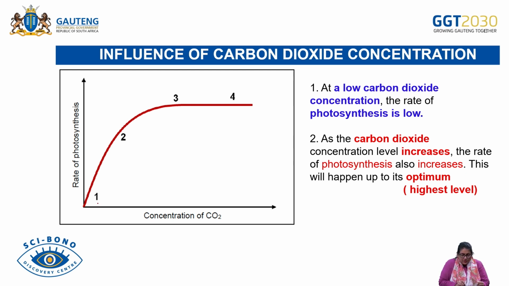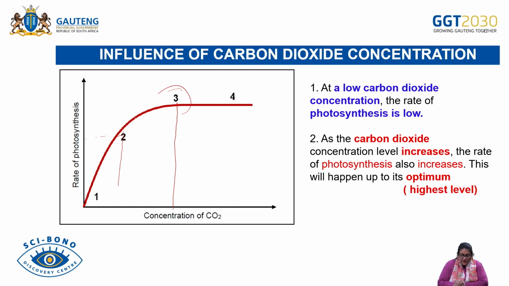You can see that at 1 the carbon dioxide level is low, so photosynthetic rate is low. As we increase it to 2, okay, it can still increase. We go to 3, it seems like at 0.3 the CO2 level is at its optimum. That's the best amount of CO2, and then photosynthesis is at its highest at 0.3.